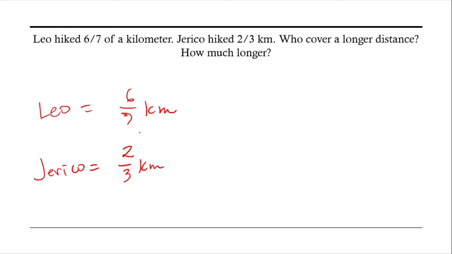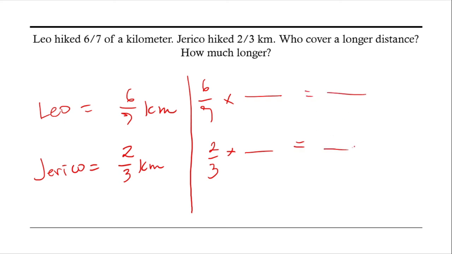Para ma-combine natin sila, kunin muna natin yung kanilang equivalent fractions. 6/7 and 2/3. Ang kanilang least common denominator is 21.